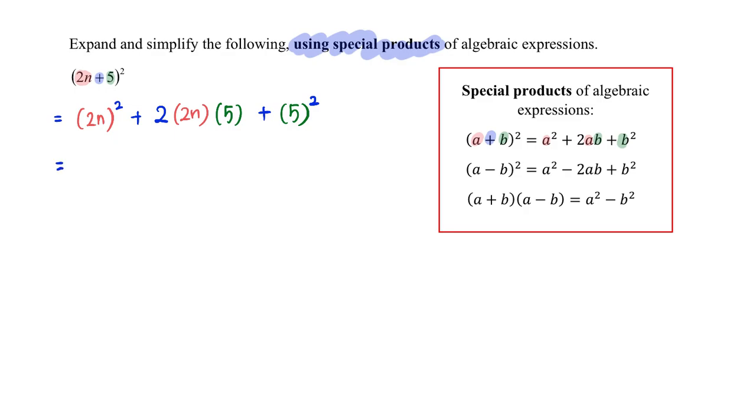After that, continue to simplify. 2n square is 2n times 2n, so it's 2 times 2, 4, n times n square. So from here also 2 times 2 is 4, 4 times 5 is 20. Still got my n down there. 5 square is 5 times 5, 25, and we are done with this question.